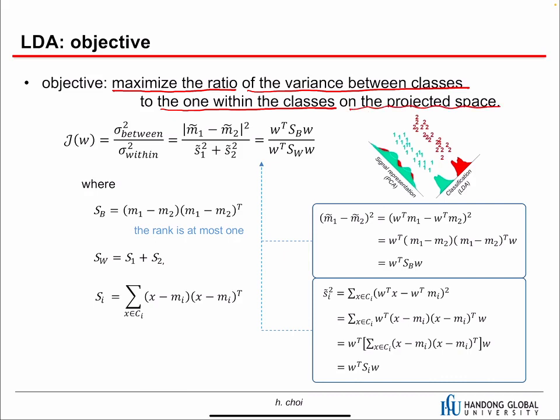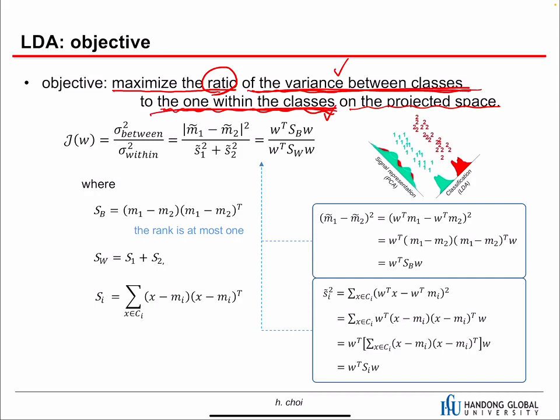But in PCA we focus on the variance between all the samples, while in LDA we try to maximize the variance between the classes, so actually the class means. And we also want to minimize the variance within the classes. So we have to maximize and minimize at the same time. Instead of doing both at the same time, we just use the ratio of this one and this one.